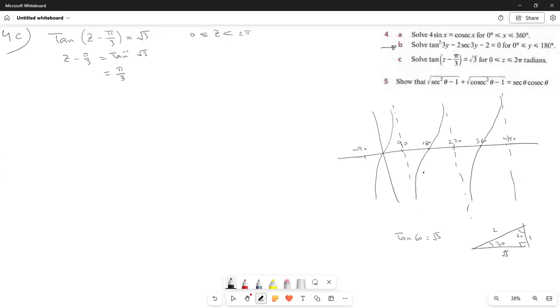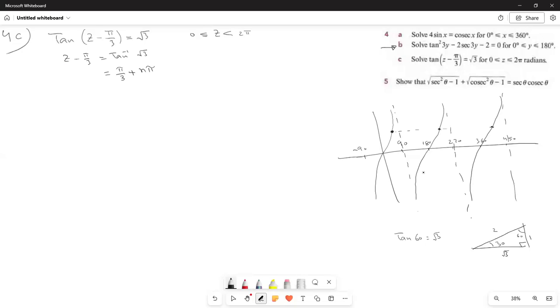Now pi by 3 is 60 degrees, somewhere here. But of course, this is not the only answer. I have this as well, and this as well, and all the other ones. So I just have to add 180, because the graph of tangent x repeats every 180, which is n pi.